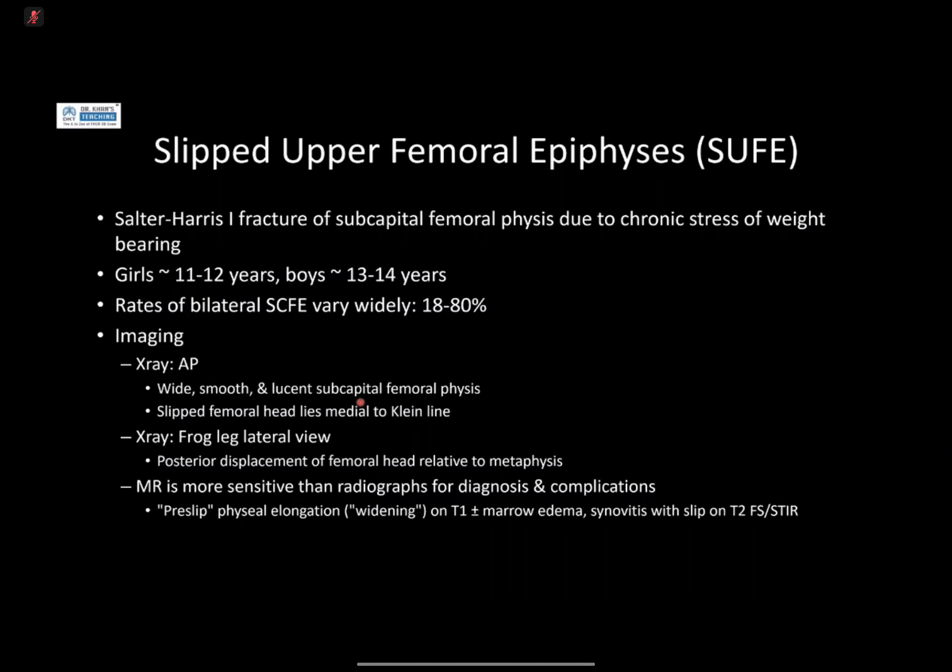And if still in doubt, then do an MRI, because what you're looking for is that physeal elongation on T1, as I mentioned earlier, that marrow edema, and of course synovitis. MR can also help you identify other lesions which we may not have picked up to cause pain.